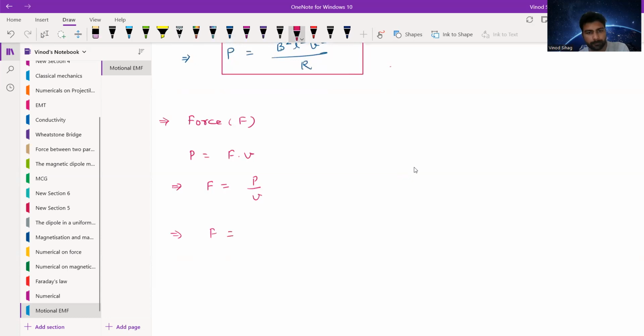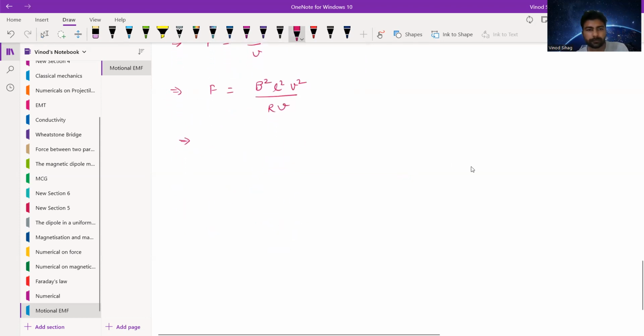So the force will become B square L square V square upon R into V, and finally the equation of the force is F equals B square L square V upon resistance R.